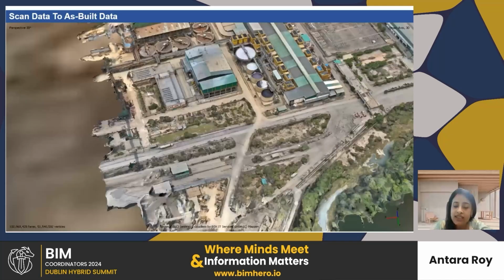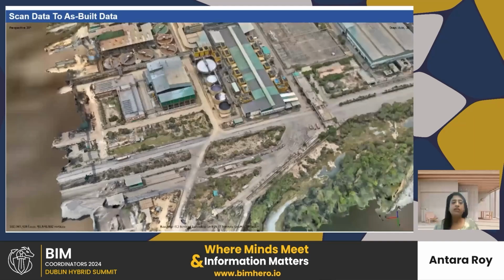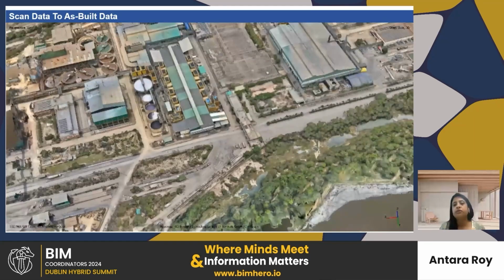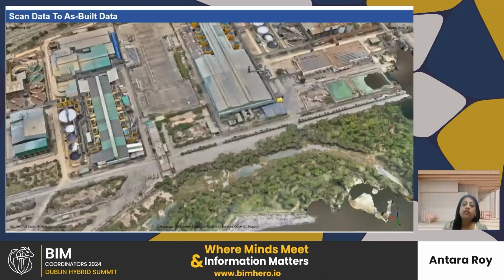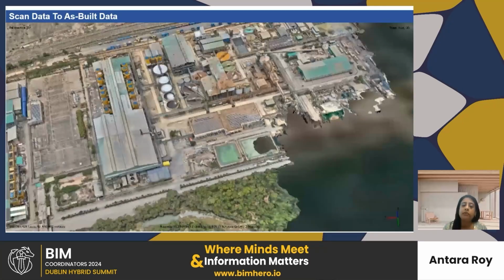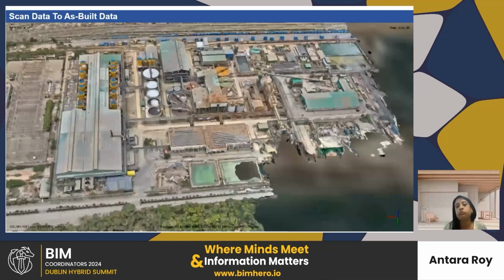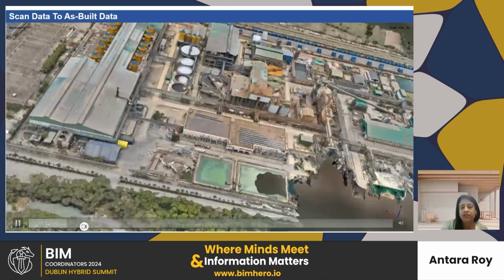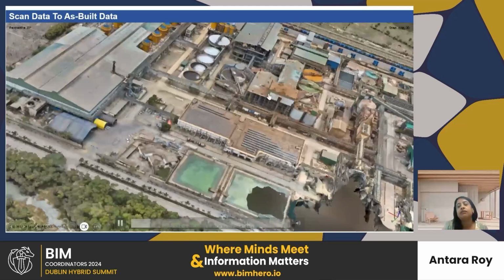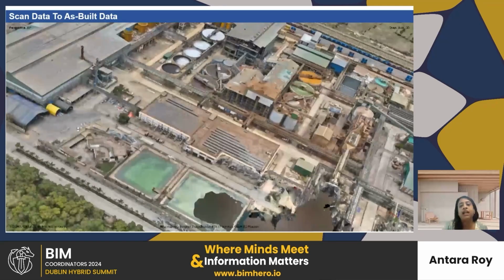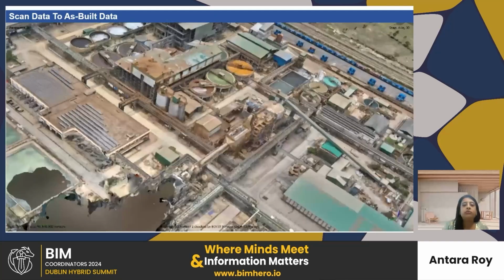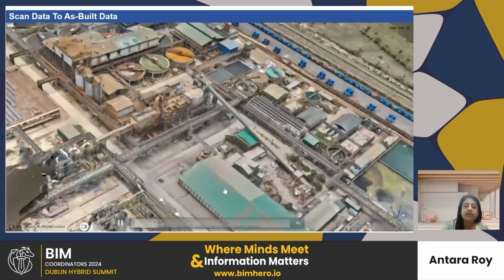Then there is the drone survey. With the help of this drone, we are achieving this: this is a very complicated project where we need to create new structures, piping, and all the things, and erect new equipment inside this building. We don't have any formal as-built data, so we did the drone survey.